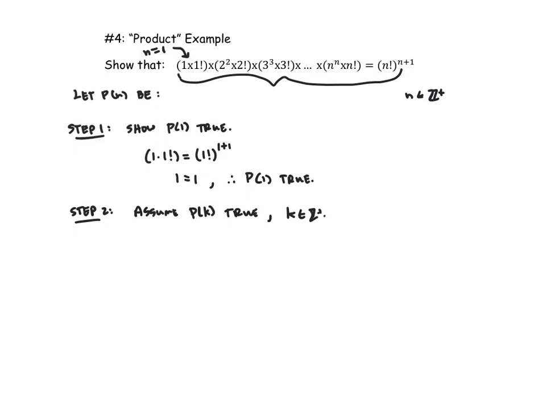All right, so that would mean that 1 times 1 factorial times 2 to the 2nd times 2 factorial times 3 to the 3rd times 3 factorial multiplied all the way to the kth term, which would be k to the kth power times k factorial, should be equal to k factorial to the power of k plus 1.